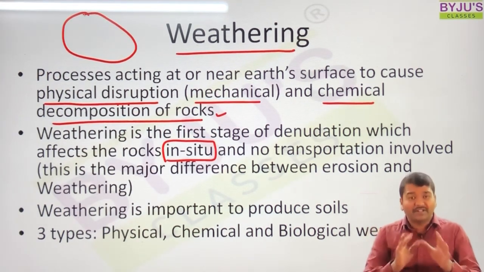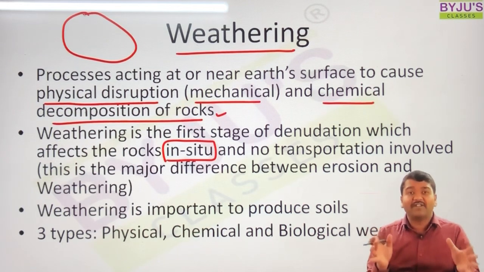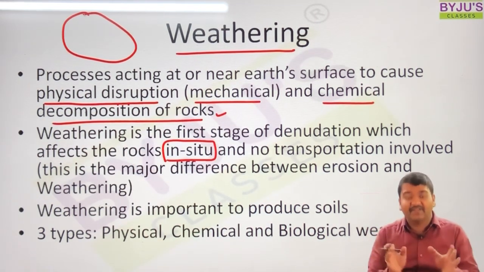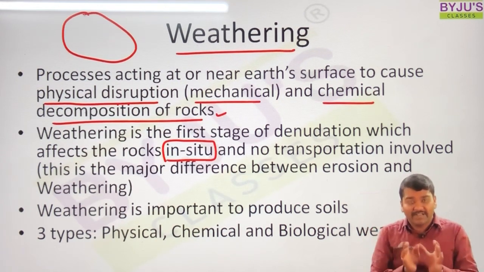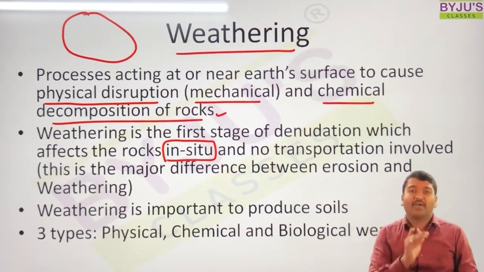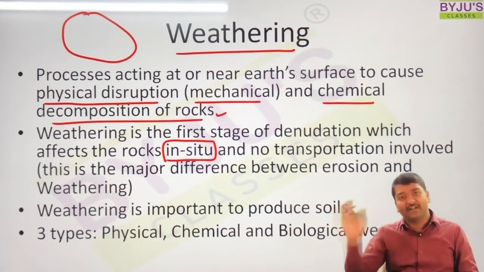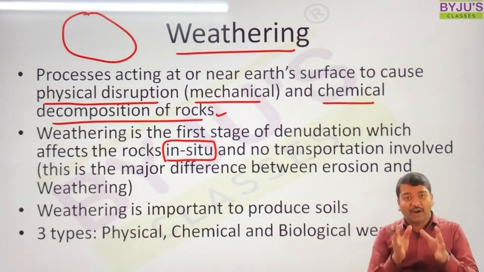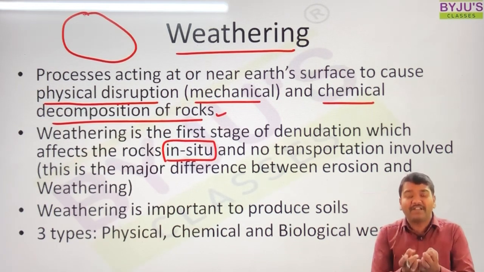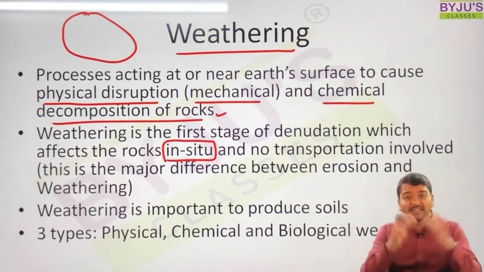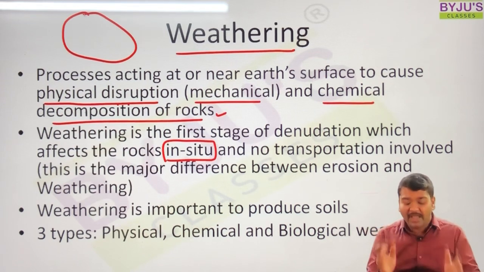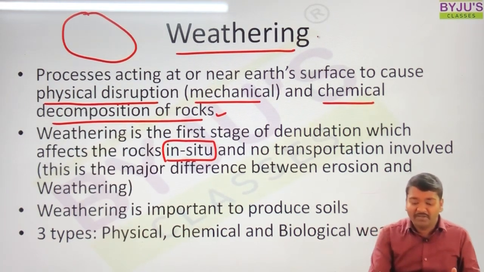It is not transported. So if it is present and it is degraded in that place itself, I will avoid the term erosion as much as possible because that is associated with another phenomenon completely. So understand, we are talking about degradation, decomposition at the same place. If that happens, then we call it weathering.